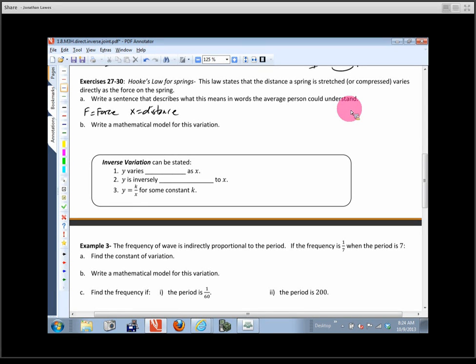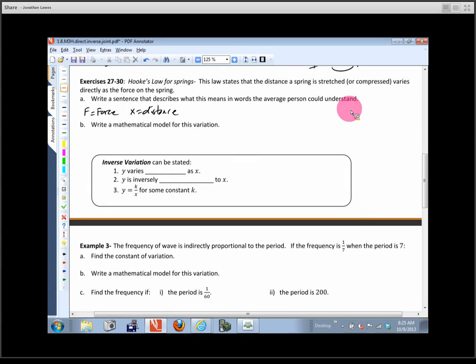Just a quick sentence or two. In a second, I'll ask for volunteers. If I don't get any volunteers, then I'll just start calling names. Anybody want to volunteer their answer? How would you explain Hooke's law to the average Joe?